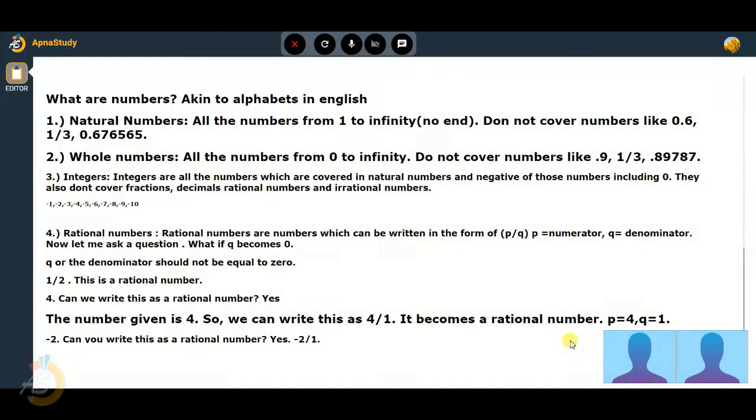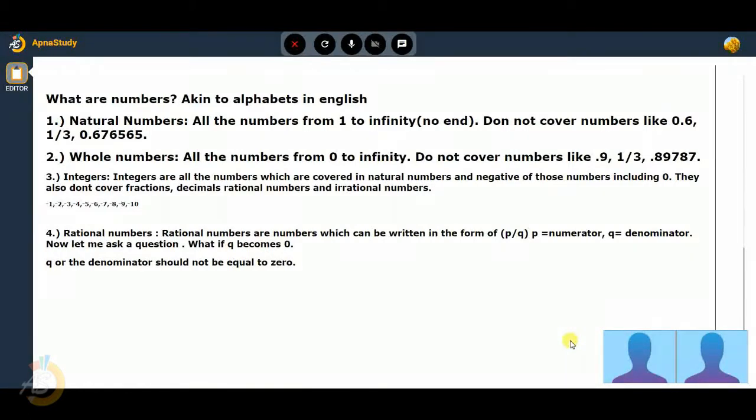So let us discuss what qualifies as a rational number. The condition to write a rational number is that Q should not be 0 and P should be an integer.